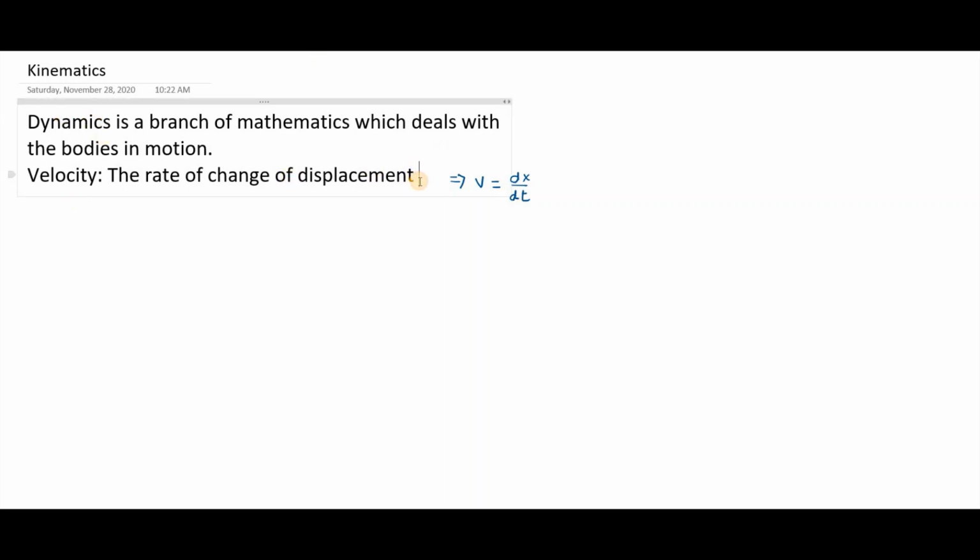Now, what is acceleration? Acceleration means the rate of change of velocity.